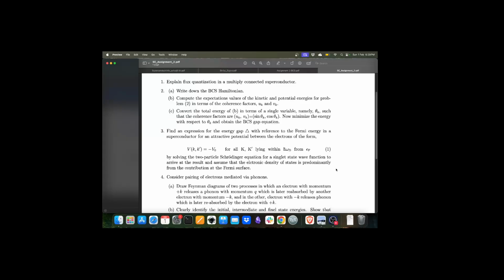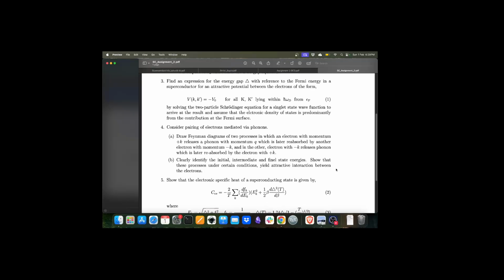So this will be the spin part, and then the real space wave function part will be symmetric, so that the total wave function of two electrons, or for that matter any fermion, is always antisymmetric. And then the typical assumption is that the electronic density of states is predominantly from the contribution at the Fermi surface, from this region. Okay.